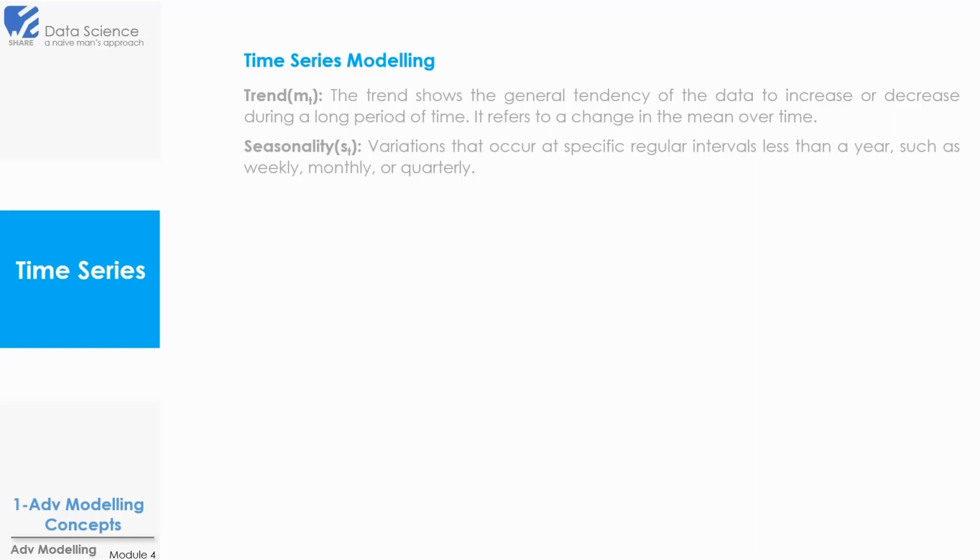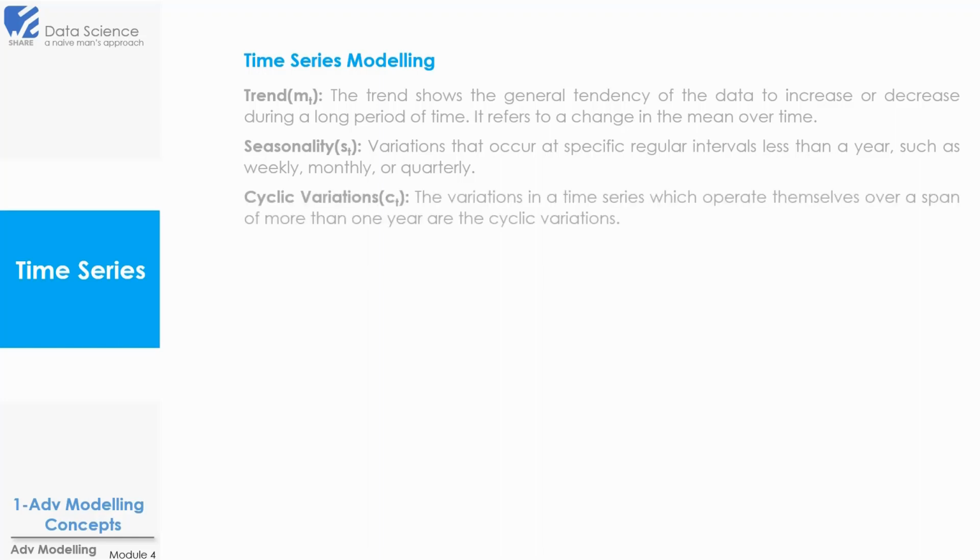It is a variation that occurs at specific intervals. The intervals are less than a year, such as weekly, monthly or quarterly. Third, we have cyclic variations. So cyclic variations in a time series are those variations which operate themselves over a span of more than 1 year. So unlike seasonal variations which operate within a year, cyclic variations span over more than a year.